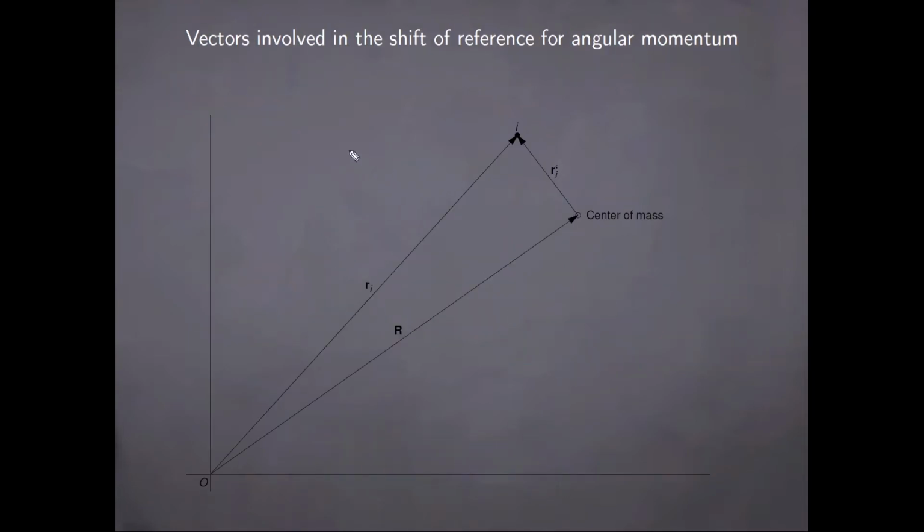As an illustration to make the point clearer, if we have a center of mass here at a radius capital R with respect to the origin O, and we have a particle i at radius R_i with respect to O, then R prime of index i is going to be the relative vector of particle i with respect to the center of mass.